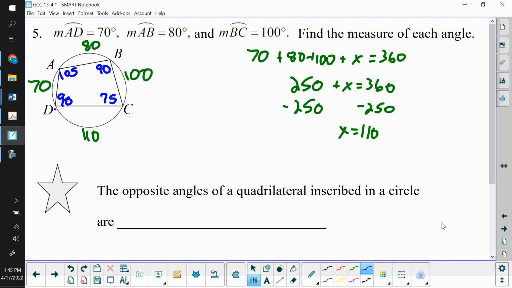Together, that gives you 180. So the opposite angles in our quadrilateral are always going to be supplementary. Now the reason for that is the arcs that they're half of, when you put them together, will always be 360 because they're going to be opening in opposite directions, and half of 360 will always be 180.